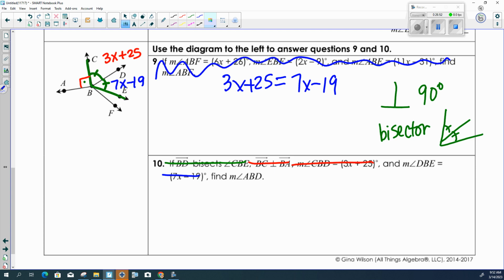And we're trying to find ABF. This is special. We're trying to find this one. How is that even possible? DBE. I am not sure. Oh, ABD. Find ABD. Oh, we're trying to find this one.